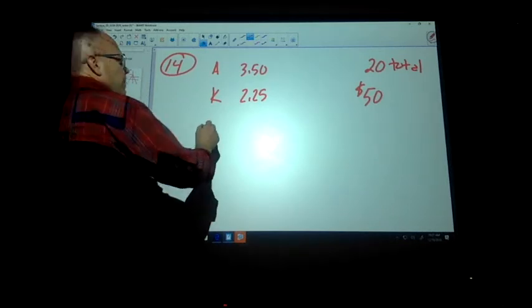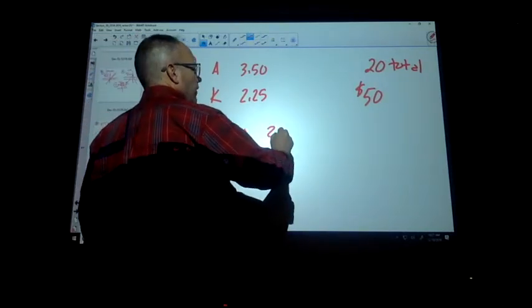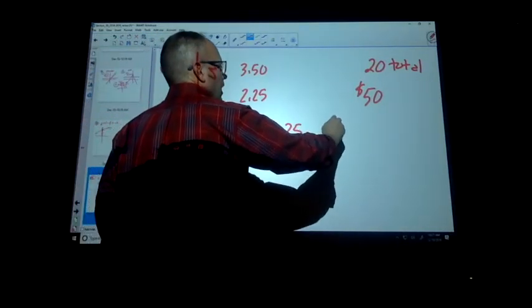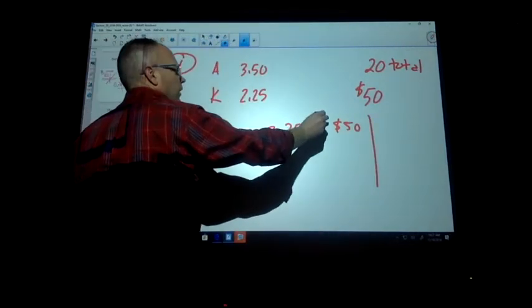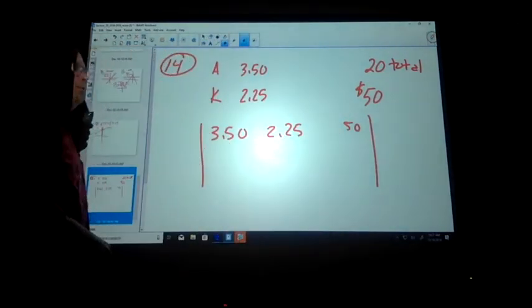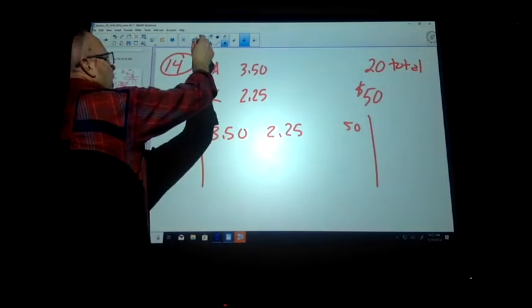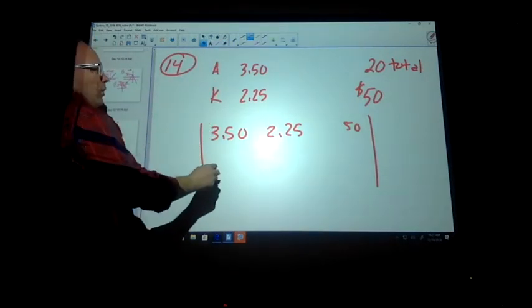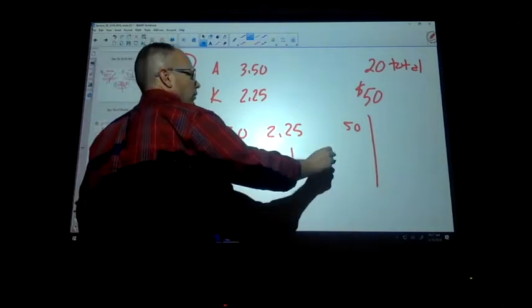All right, so I know that 3.50 and 2.25 would go with the $50. Now I'm just going to erase the dollar sign. Is that okay so far? And then I'm going to have 20 people total. So I have one adult, one child, 20 total.